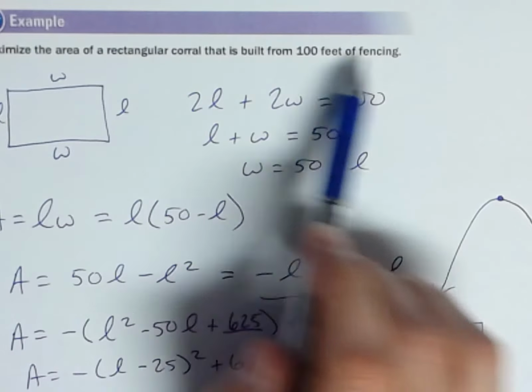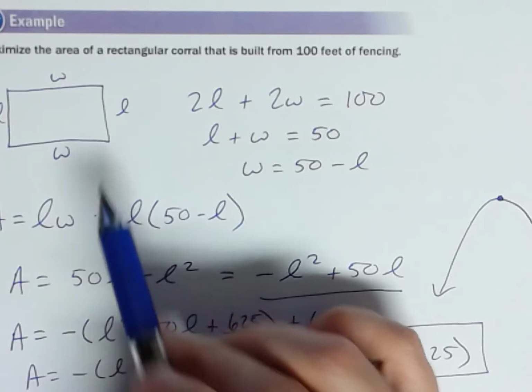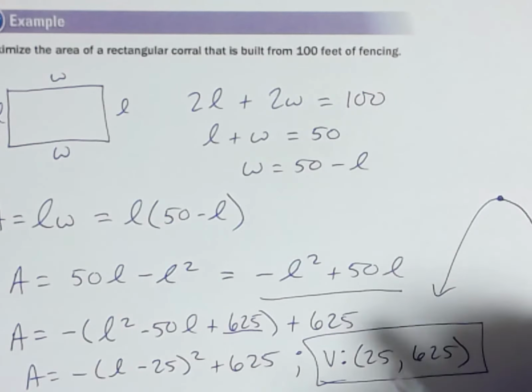So to maximize the area, the maximum area is 625. That would be that y value right here. And how do you get that? By having your length and width be 25 feet. So if you did a square corral, not a rectangular corral, 25 by 25, that would maximize things for you.